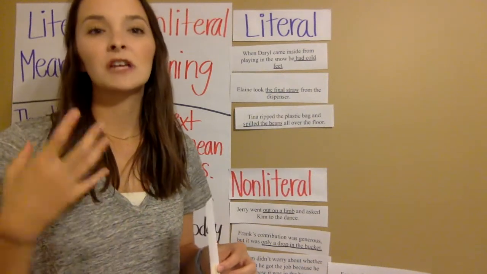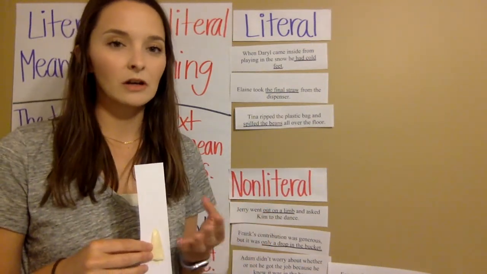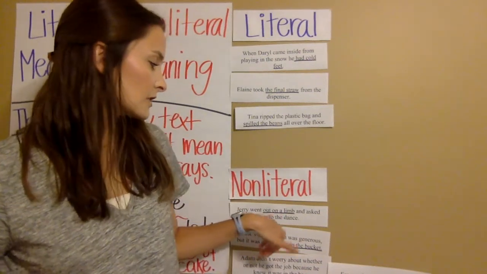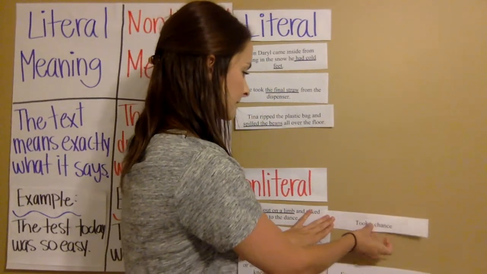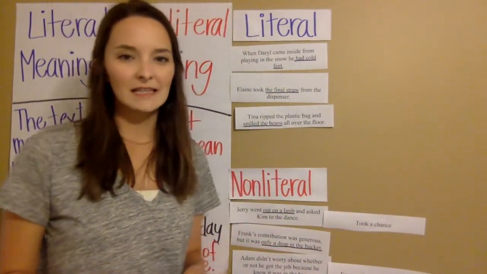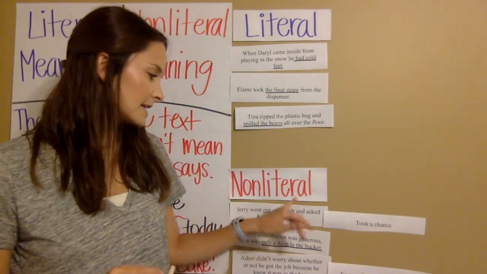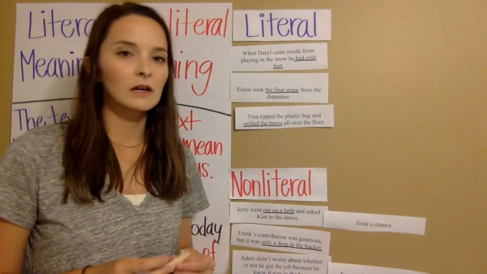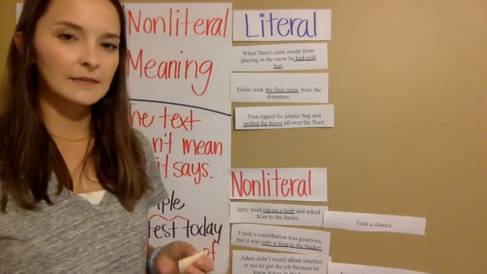You're taking a chance by climbing out there that maybe it's going to hold you, that it's going to be strong enough. So Jerry took a chance and asked Kim to dance. So when you go out on a limb, you're taking a chance at something. It could be trying out for a sports team. In Jerry's case, asking someone to dance or raising your hand to answer in class. It could be taking a chance to do a lot of things.